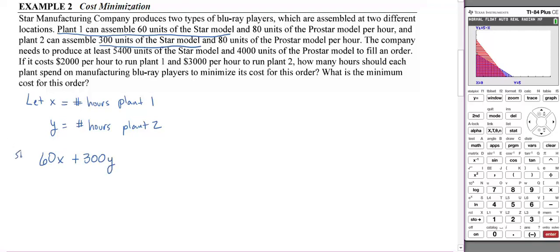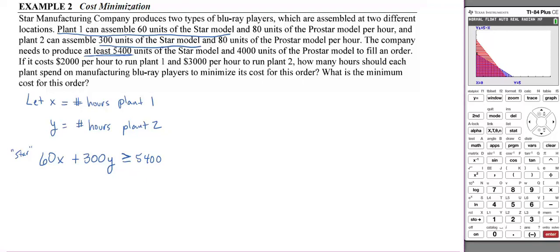So you can think of this as our Star inequality. That is the Star model, and we need to make at least 5,400 units. So it means 5,400 is the least number of units we can make. If we make more than that, then that's also a good thing.